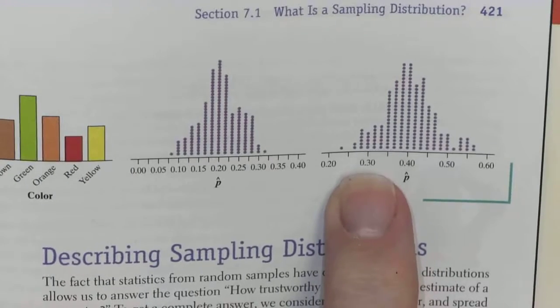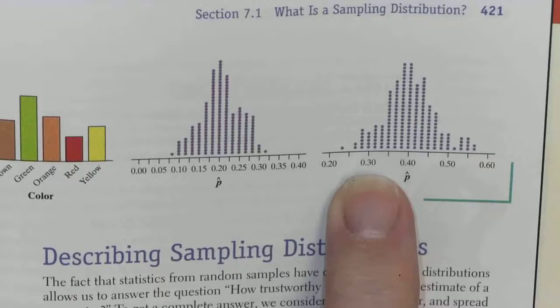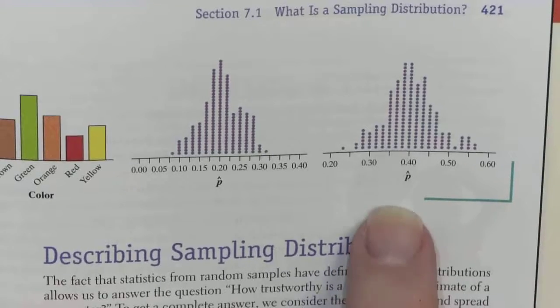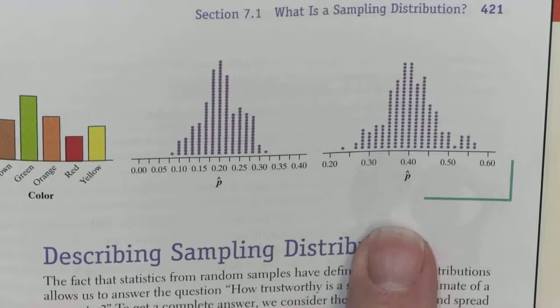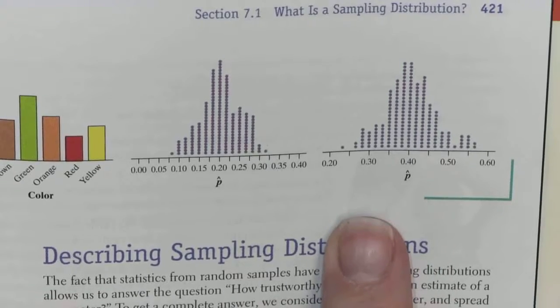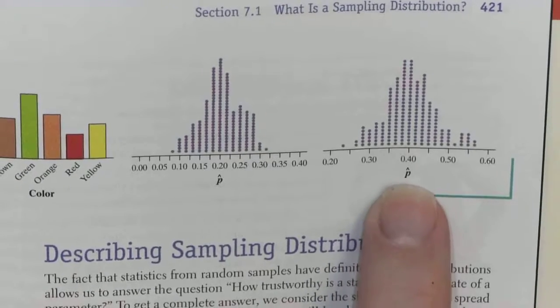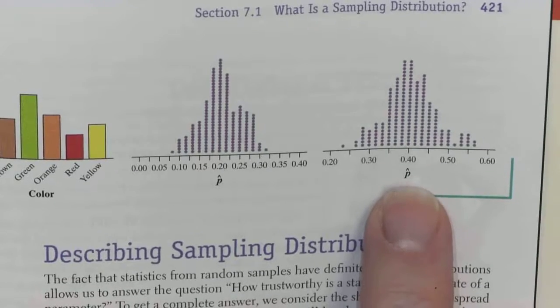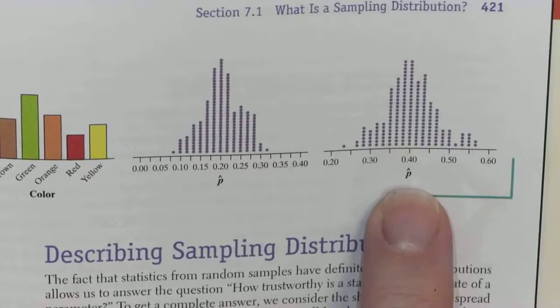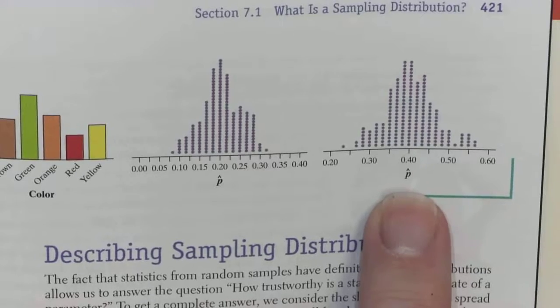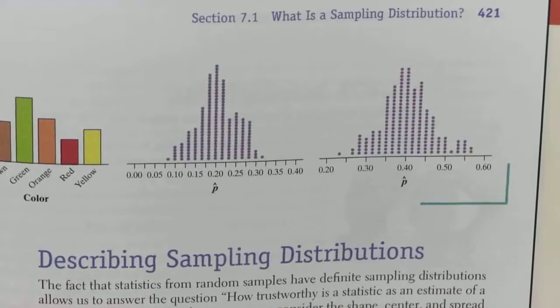The dots are more spread out, I guess. Okay, so it has a wider range? Yeah. But let's look at the mean, or the proportion that we should be getting for orange.